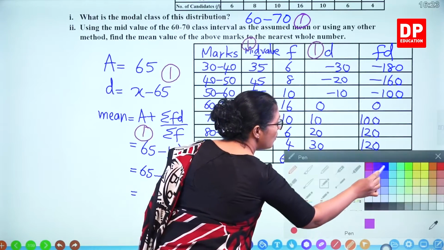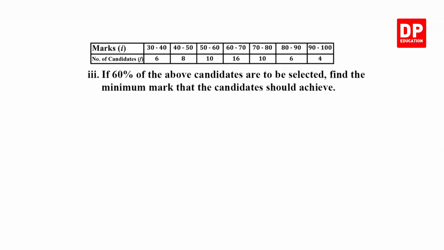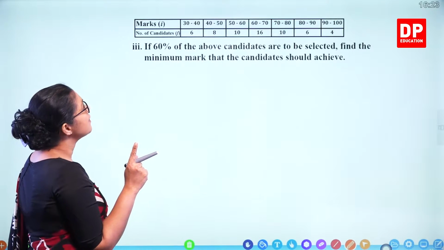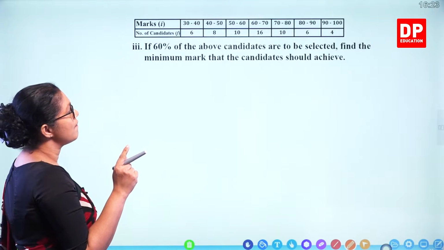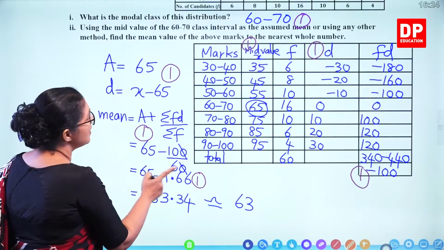Now we'll do the next one. Next part, if 60% of the above candidates are to be selected, find the minimum mark that the candidates should achieve. So altogether how many students? 60 students.